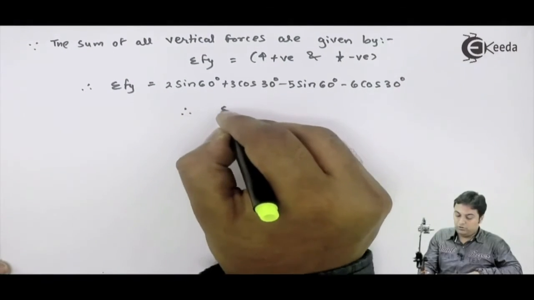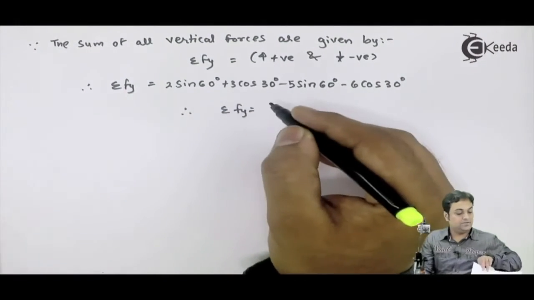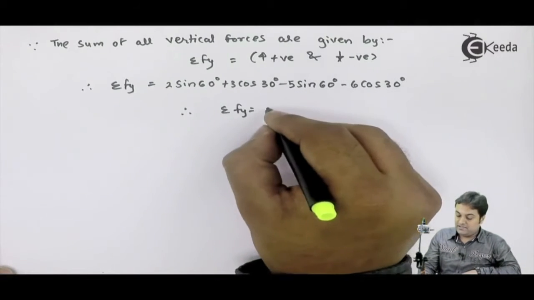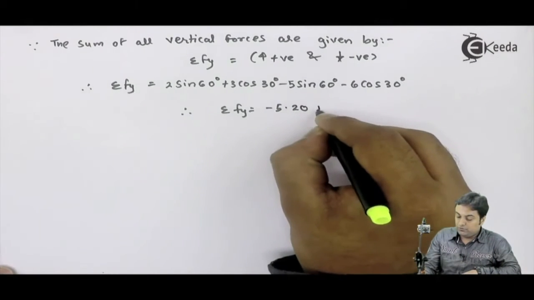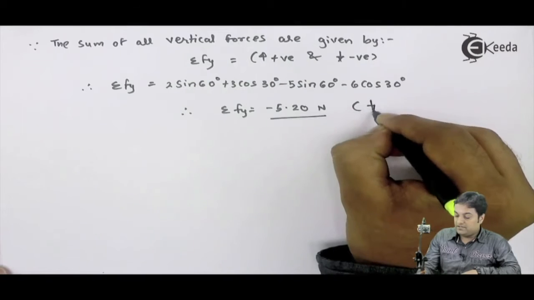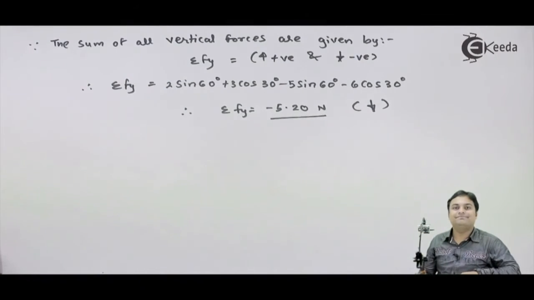If I calculate all terms carefully, I get summation Fy as minus 5.20 Newton. Since it is minus, it means it is in the downward direction.